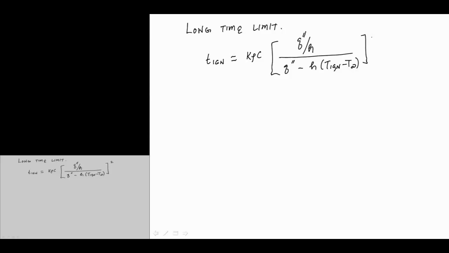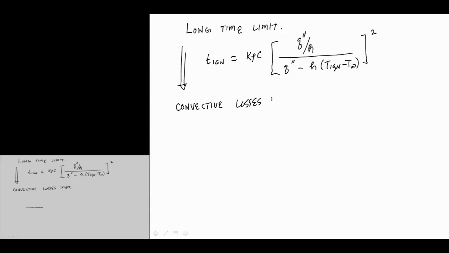Okay, so remember, long time limit, this means that convective losses are important. And I want to give you some insight into what this really means. How is this related? There should be in your mind, you say, well, gee, is this similar in any way to the short time problem? And yes, it is.